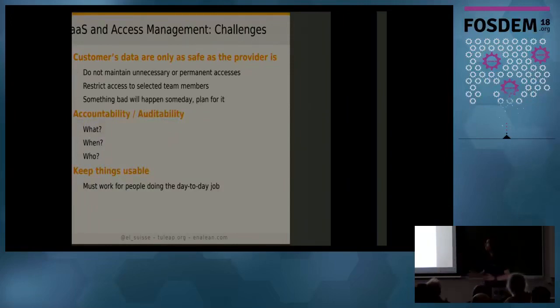And of course, sometimes things go bad, and you need a contingency plan to be sure you can do as much as possible to protect your customer data. So basically, you want to know who accessed the customer instance, and when, and that's about it.